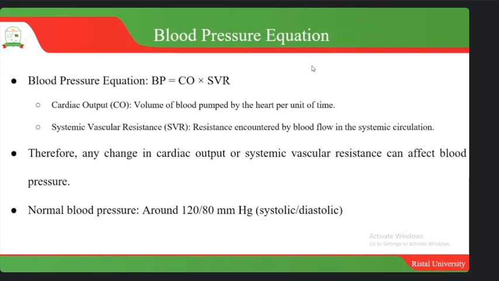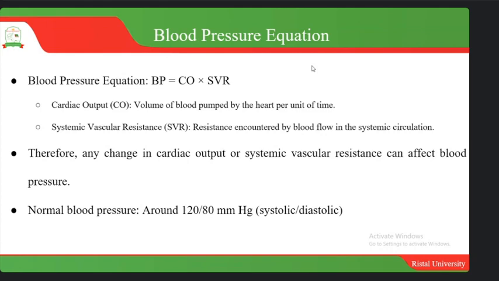So if the cardiac output, the amount of blood that is pumped out of the heart, is maybe little, then it will affect the resistance, or the vascular resistance, in all the vessels around our bodies.